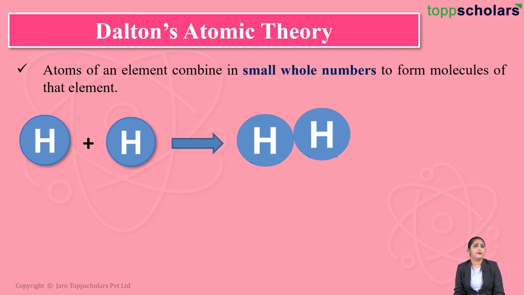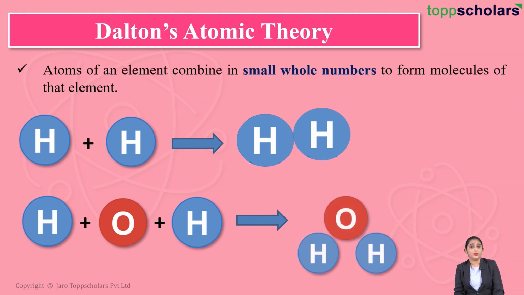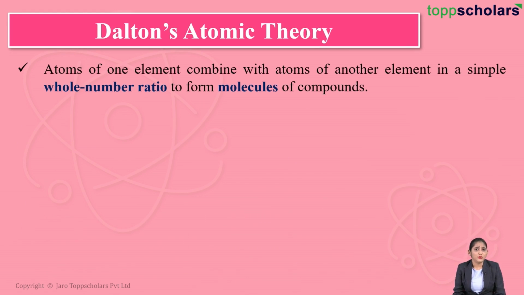So here I have an atom of hydrogen, an atom of oxygen, and an atom of hydrogen. Now, as you can see over here, 2 atoms of hydrogen combine with 1 atom of oxygen, giving you a water molecule, right? which contains 2 atoms of hydrogen and 1 atom of oxygen. Dalton said that atoms of one element can combine with atoms of another element in a simple whole number ratio to form molecules of compounds.